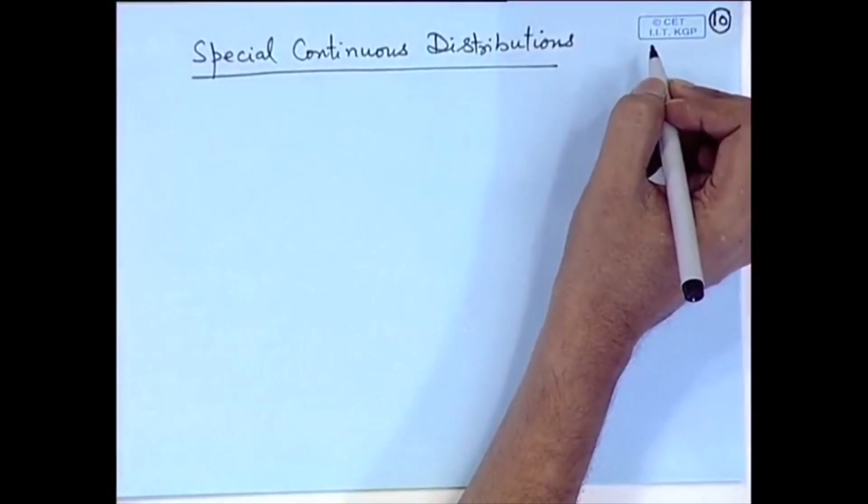As in the case of discrete distributions, the simplest example of a continuous distribution could be where the density is uniform, or the density is a constant. For example, you consider a rod with a uniform weight. Or you consider this sheet, and the thickness or weight of this sheet at every point will be the same.